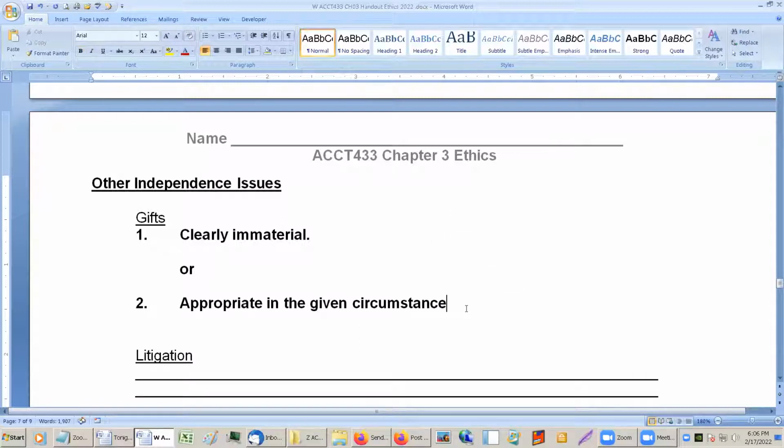It must be appropriate in a given circumstance. This comes into play with company golf outings, which can be really expensive.